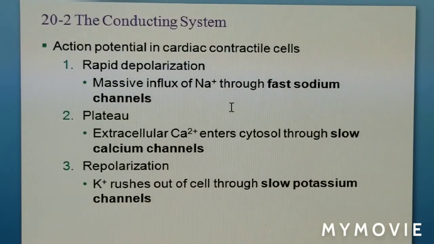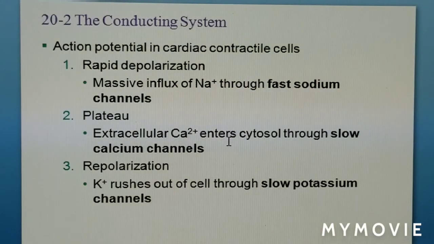Now, as we talk about the action potential in the cardiac muscle, we have rapid depolarization, a massive influx of sodium through fast sodium channels. Plateau, we've got extracellular calcium enters cytosol through slow calcium channels. And what's ultimately going to happen is that calcium is going to stimulate the sarcoplasmic reticulum where we stored concentrations of calcium.